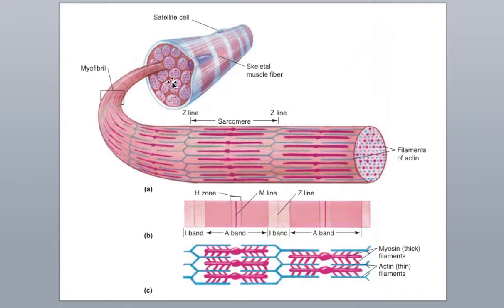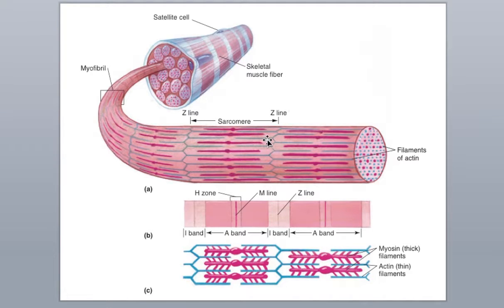Now, once we get down into the myofibril itself, you can see it's starting to look a little funky. So you're going to have what's known as a sarcomere, and that's basically from this jagged line or Z line to another Z line. So what's going to happen during muscular contraction is this sarcomere is going to shorten. And what's going to happen is we're going to have two proteins.